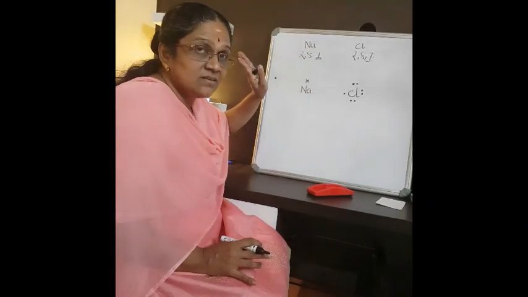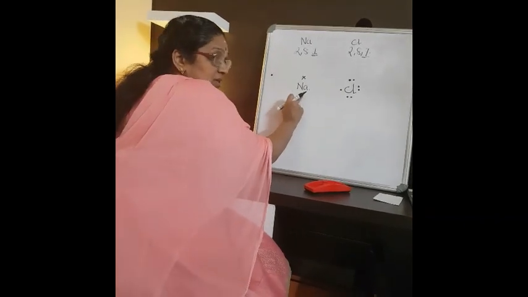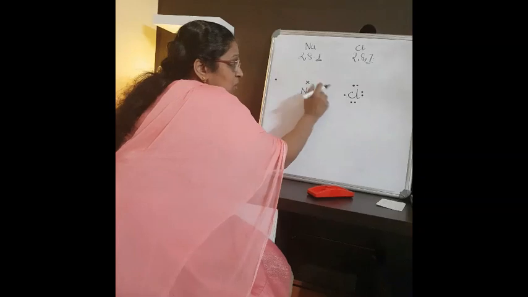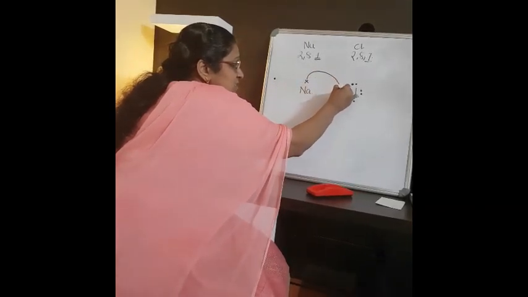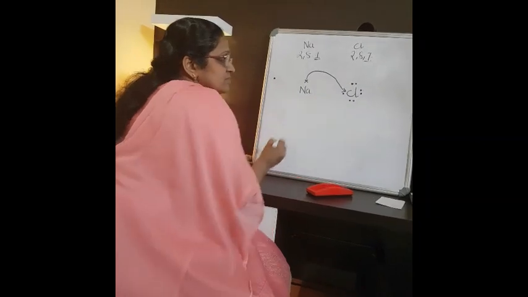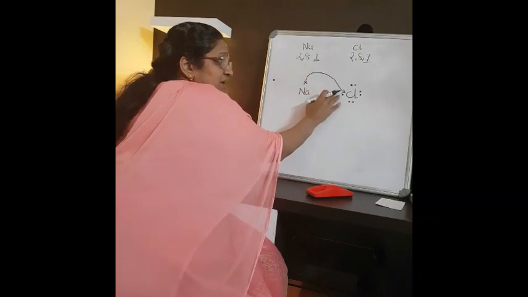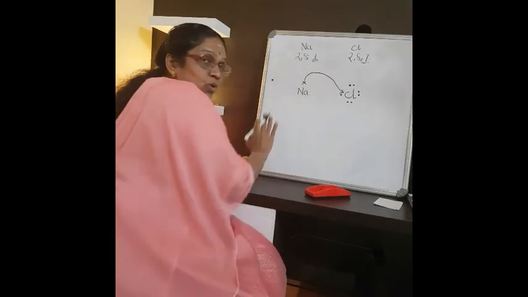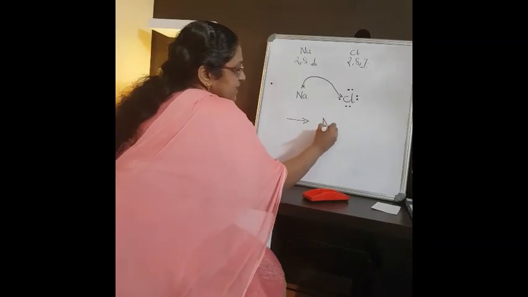That's it. Okay. Then, now what happens? This is a plus ion. This is a minus ion. Correct? Now, this sodium is giving this electron to chlorine. See? That means there is a transfer of electrons from sodium to chlorine. Thereby, what you will get, you have to draw like this.